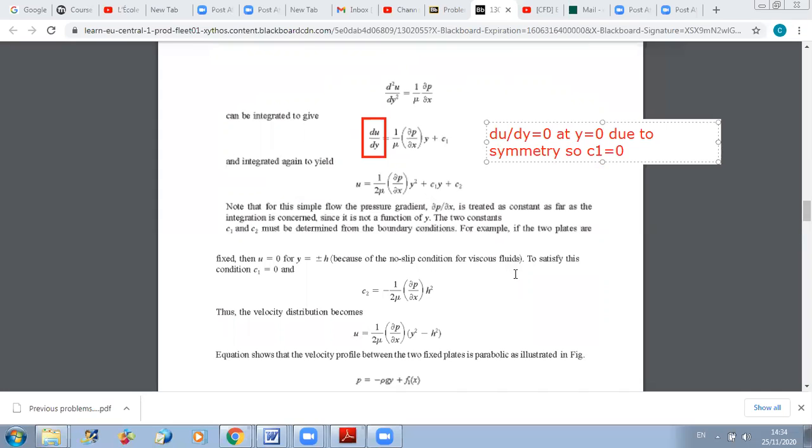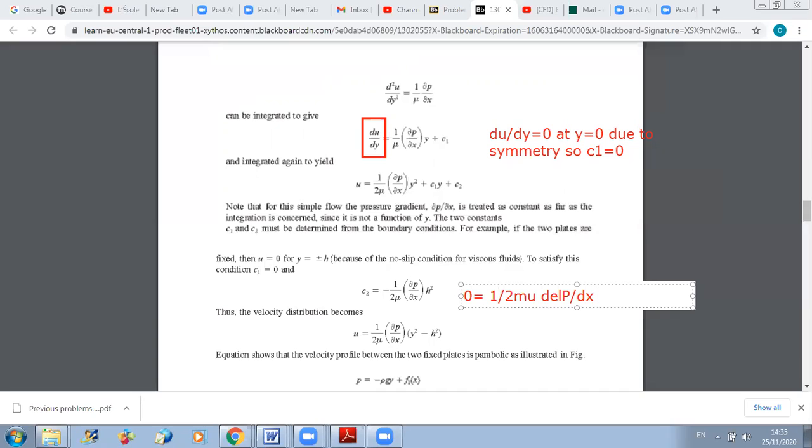Okay, and now to find c2, I can apply at plus h or at minus h, as you like. So for example, if I take at plus h and I replace in my relation, what do I get? I get that 0 is equal to 1 over 2 mu times del p by del x times h square.